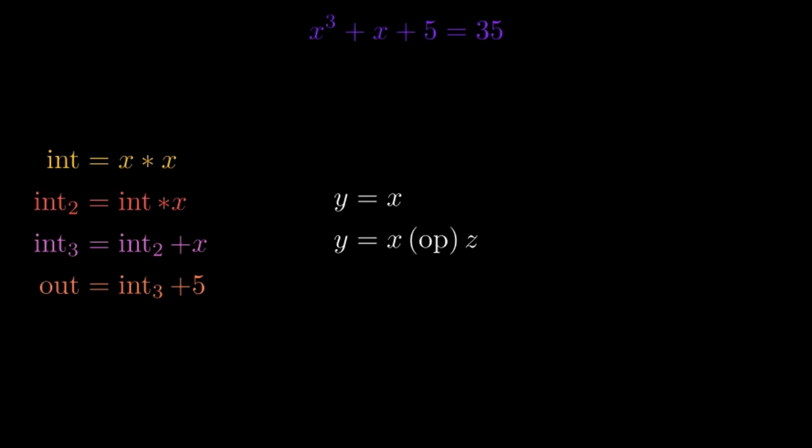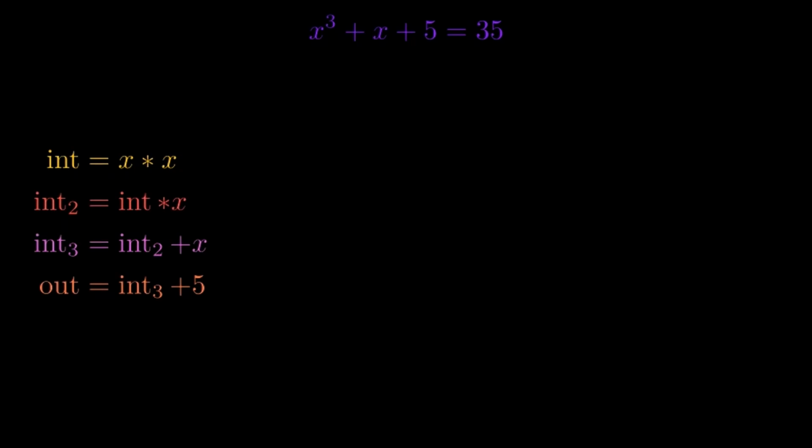And the other is that y equals x, some operation z. And really we're only expecting addition and multiplication here. And you can see that our first two constraints are of the form y equals x multiplied by z, and our second pair of constraints are of the form y equals x plus z.